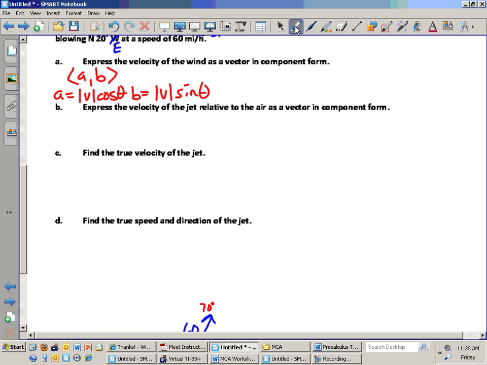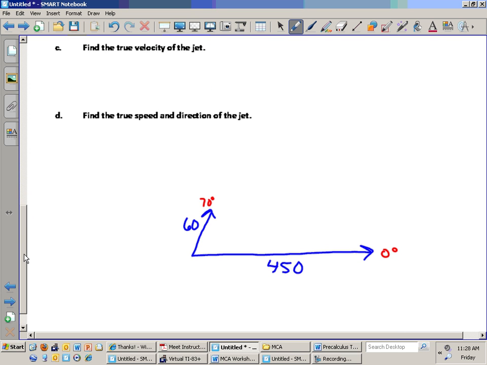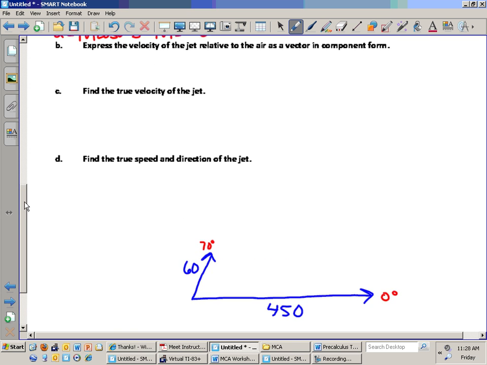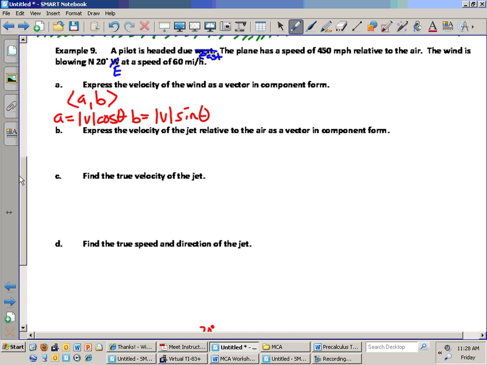I want to write a component form of this vector. So I'm going to be over a certain amount a and up a certain amount b. That's what I want to express right now. So I just plug it in. What is the magnitude of the wind vector? So 60 times the cosine of, what is the angle? 70 degrees.